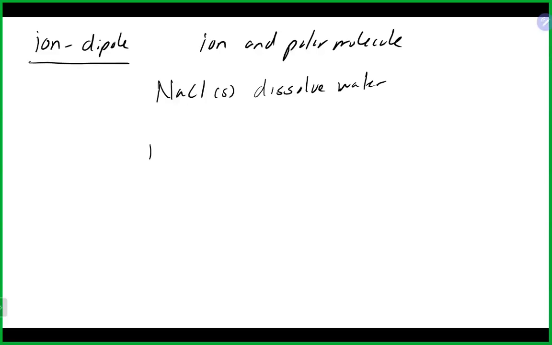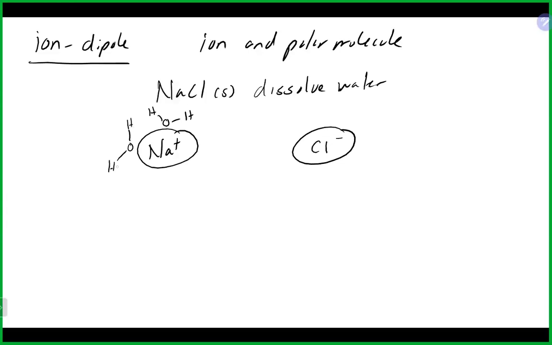And we know that the sodium ion will break apart and the chloride ion will break apart. So what ends up happening is the water molecule with its negative side will go around and surround the positive ion through the negative side of water.